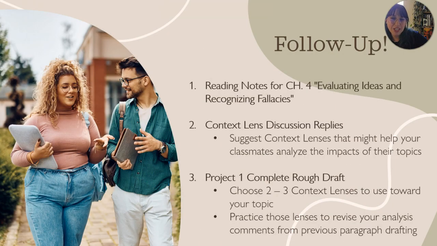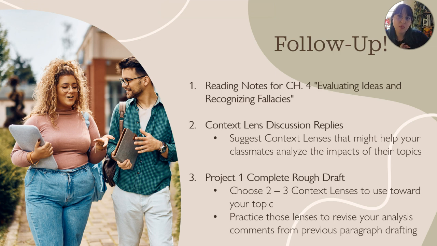After this lesson, make sure that we do our follow-up assignments: reading notes for chapter 4, evaluating ideas and recognizing fallacies. Remember to make your replies in the context lens discussion, so you can help classmates think about context lenses for their own topics.